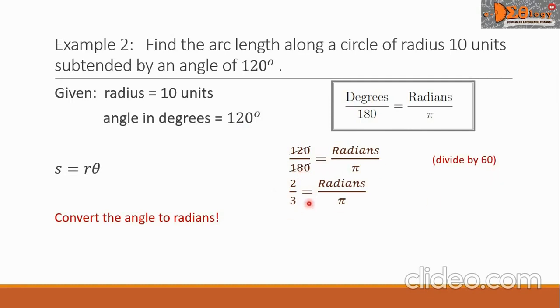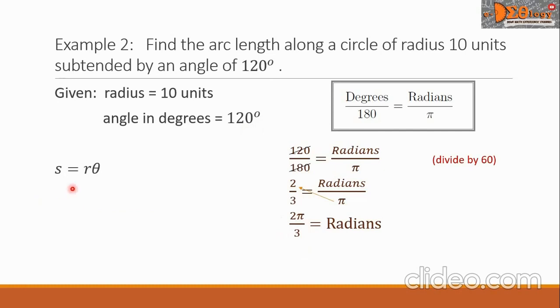And this is equal to the right hand side radians over pi. And then this pi we will cross multiply on the left side. So we will now have 2 pi over 3 equals radians. So this is now the value of this 120 degrees, which is equal to 2 pi over 3.